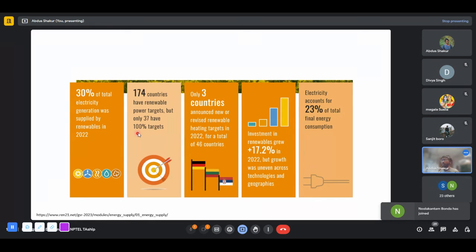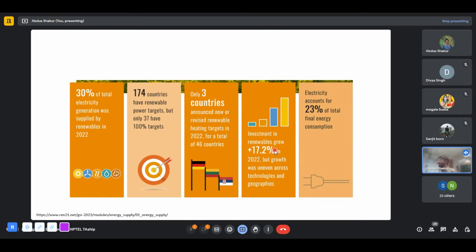Most of the 174 countries have renewable power targets, but only 37% have 100% targets that they want to achieve. And only three countries have revised their renewable heating targets, especially those from northern regions, especially European nations, where heating is much more required in winter because the temperatures go down so low.